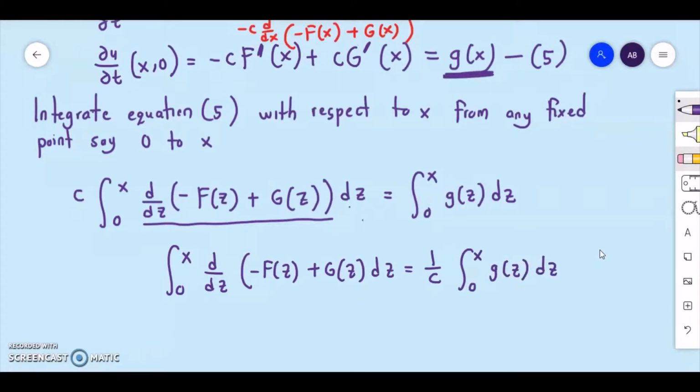This is not that complicated because the derivative and the integration cancel out. That will give me negative fz plus gz, z from 0 to x. Now, I cannot do much for this term here. Just leave it as it is.